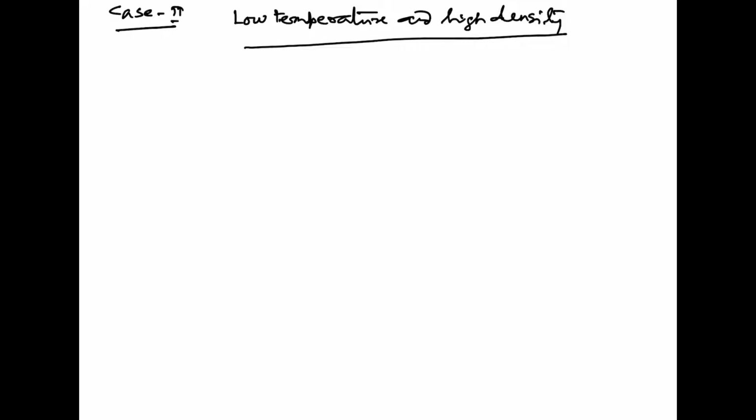This is when we have low temperature and high density, high particle density and low temperature. That means n lambda cube is very large compared to 1.